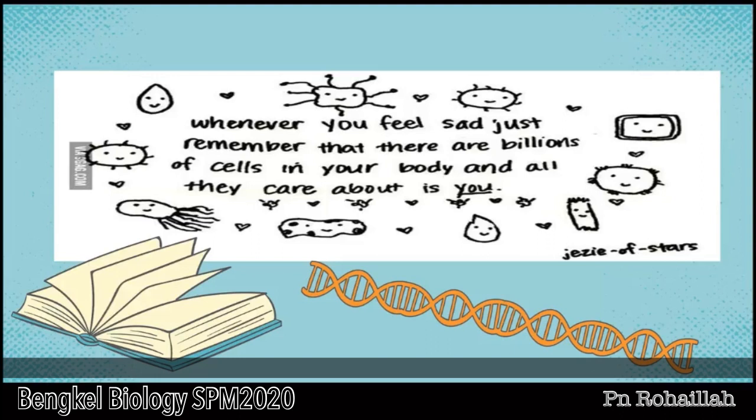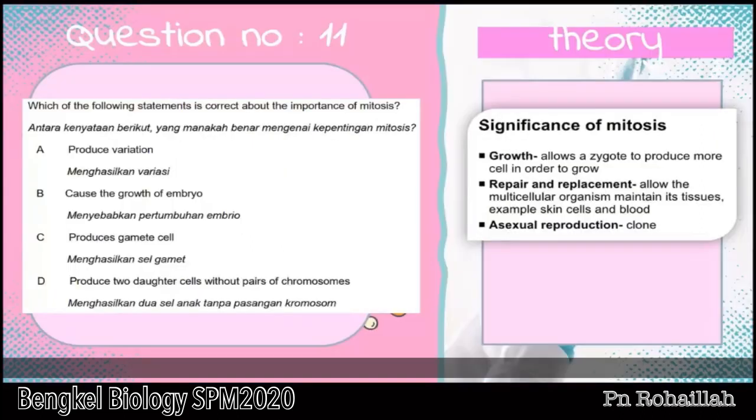Alright. Next, question number 11. Which of the following statements is correct about the importance of mitosis? So underline the words importance of mitosis. Mitosis is for what? Don't get confused between mitosis and meiosis.